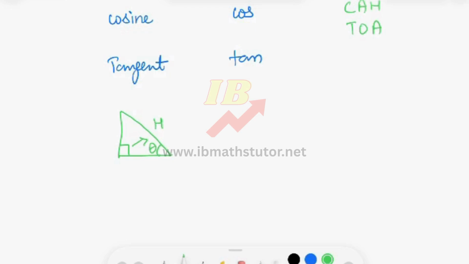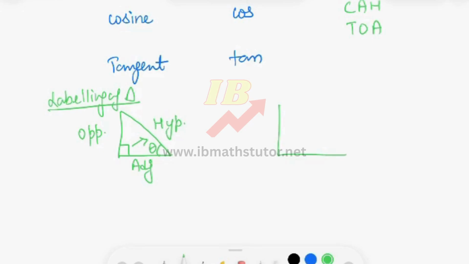If you want to find this theta, you need to label the triangle first. In labeling of a triangle, wherever your theta lies, that line is called adjacent. Opposite to this theta is this side, which is called opposite, and the side opposite to 90 is the hypotenuse, right?